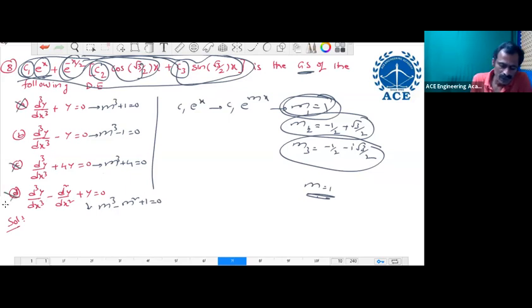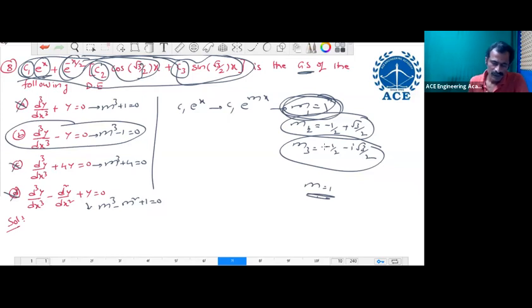Therefore, it is also wrong. Finally, B is the correct answer. So our given general solution is the solution of this differential equation. Like this, by verification we can choose. Suppose more than one option is satisfied by m equal to 1, then we choose the answer with the other roots. This is the verification method.